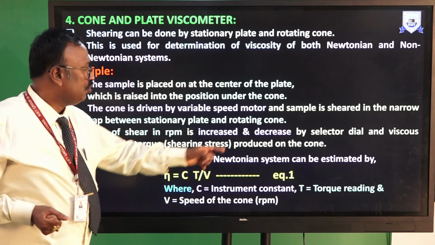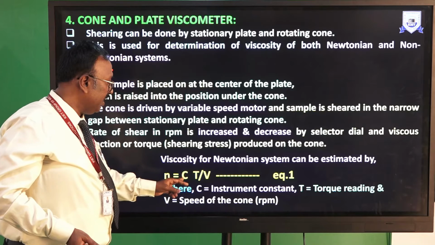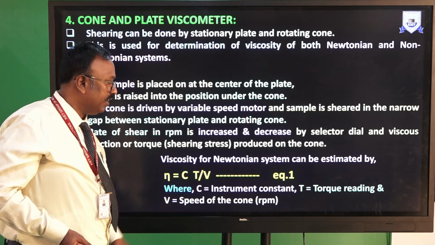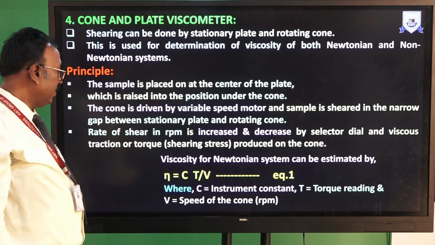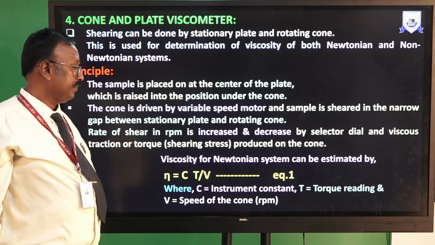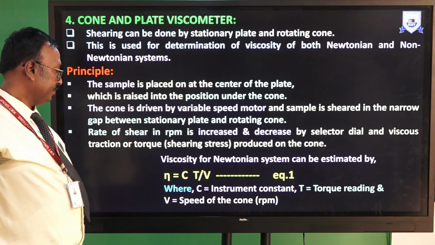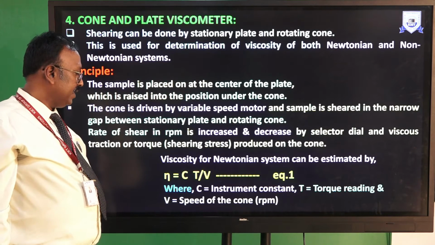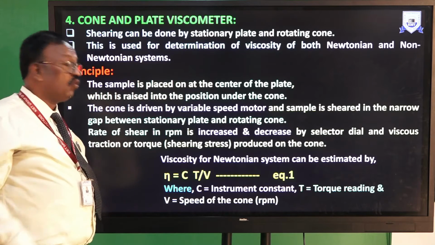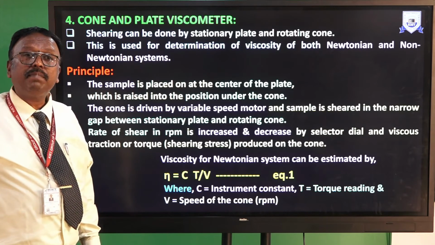The viscosity of a Newtonian system can be estimated by η = C × T / V, which we call equation 1, where C is the instrument constant, T is the torque reading, and V is the speed of the cone. How much speed the cone is rotated at is the RPM, revolutions per minute.